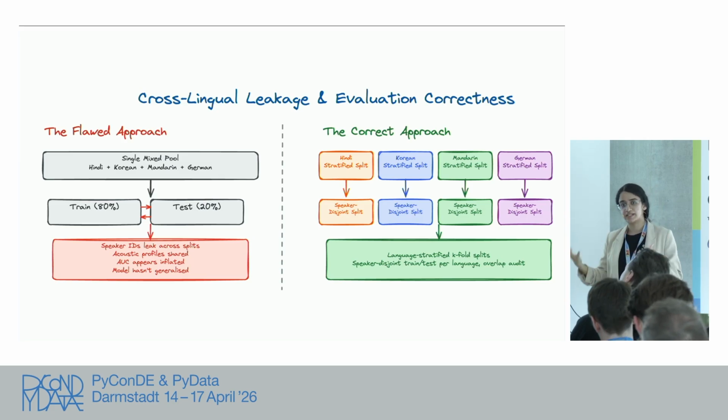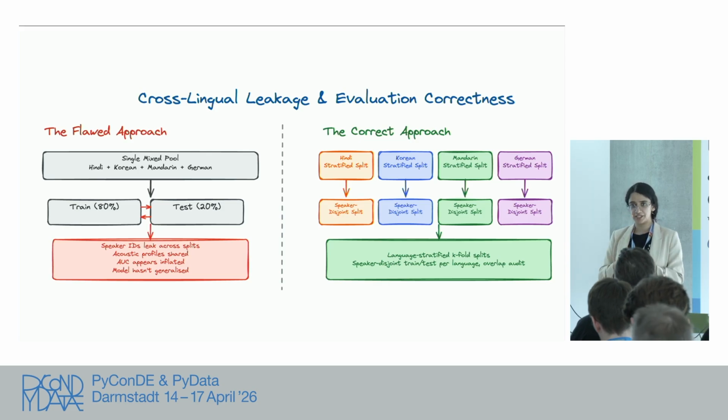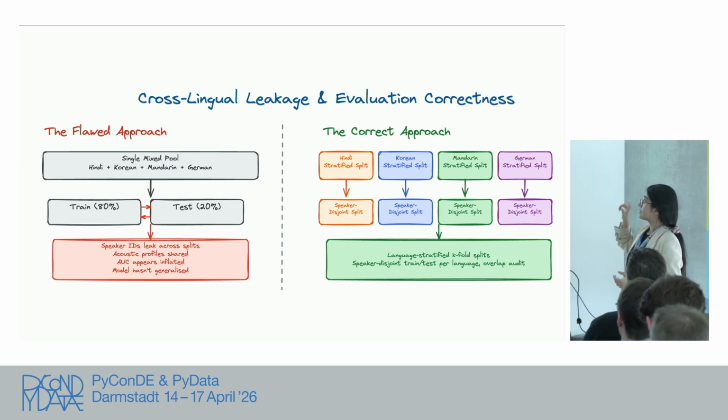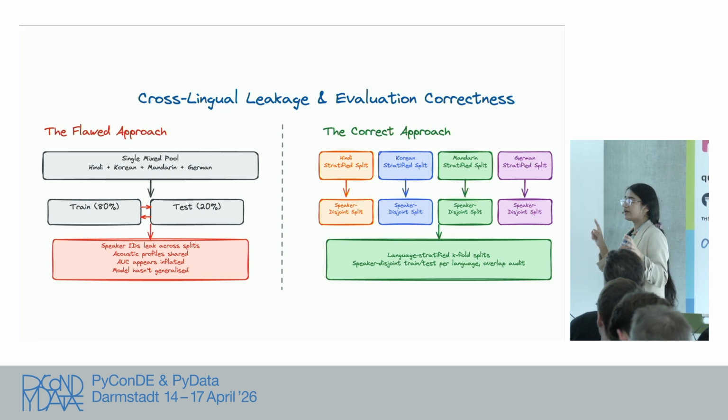You need to have a certain set of samples which are completely unseen. And then there could be a possibility that a speaker in the training sample is also in the test sample. So data leakage or speaker similarity is there, and the model is going to be biased towards one specific speaker. The correct approach is, if you have multiple speakers speaking in different languages, make sure there is a speaker disjoint for every specific language.